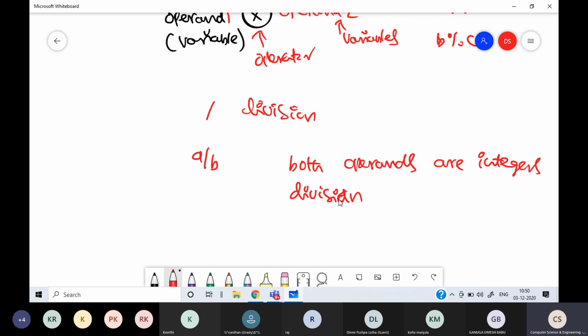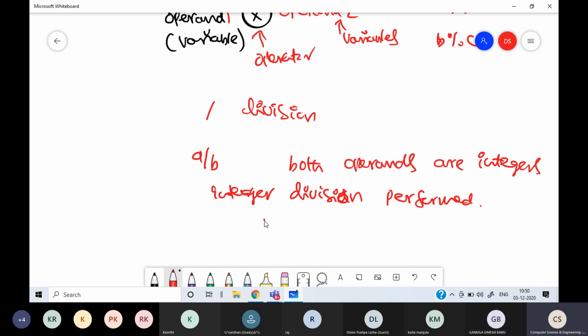If I take both A and B as integers, the division is integer division.